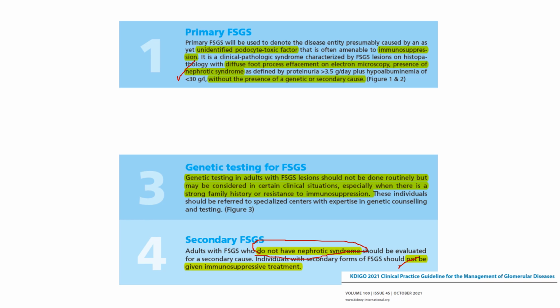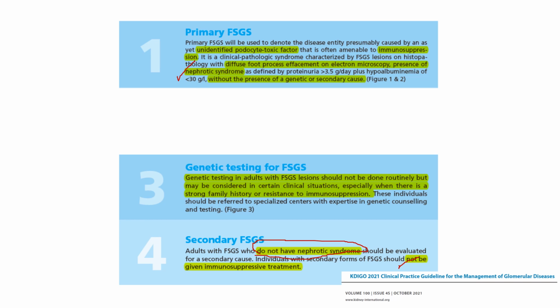This will be considered in certain clinical situations, especially if there is a strong family history, or if there is resistance to immunosuppression, so there will be a possibility of genetic FSGS. And usually the patient with genetic FSGS presents without nephrotic syndrome.